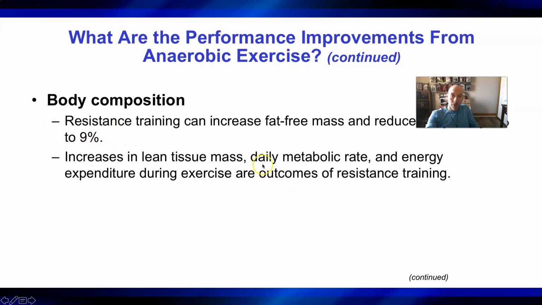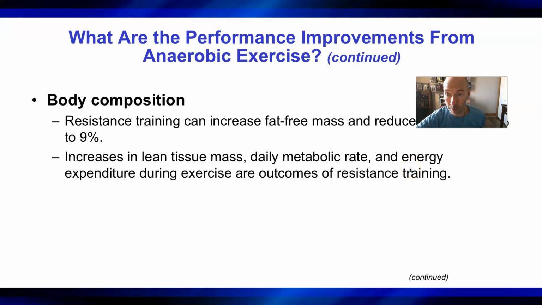That has occurred through increasing lean tissue mass, increasing muscle mass. Lean muscle mass would increase your metabolic rate, which would increase your overall energy expenditure throughout the course of the day. And a lot of that resting energy expenditure, you would be using fat as fuel. That fuel source would be your stored body fat. Okay, so that's kind of like the logical progression of how this would occur, right?